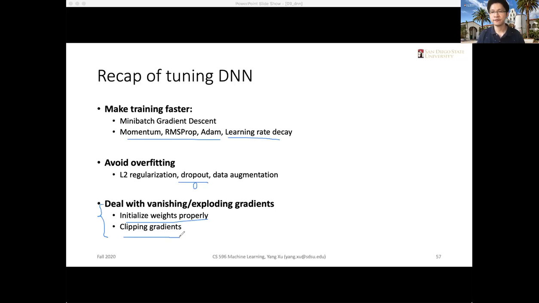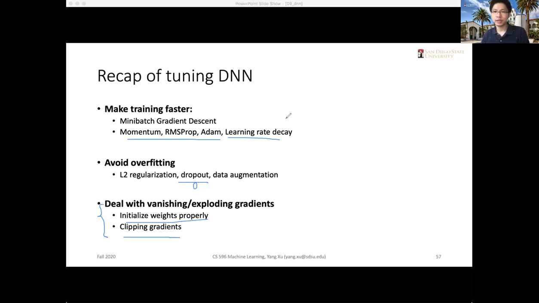They are reducing the risks of gradient problems. They deal with the magnitudes of the gradients, so they want to control the gradients within a reasonable range. All these techniques so far help us to build a successful deep neural network model from different perspectives.